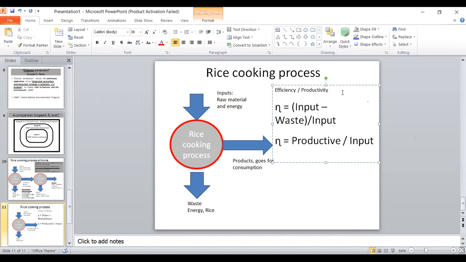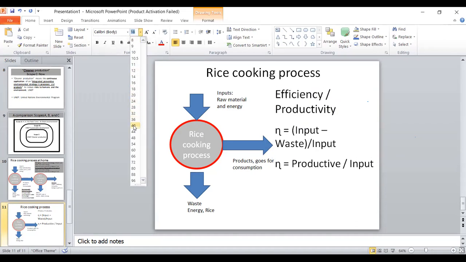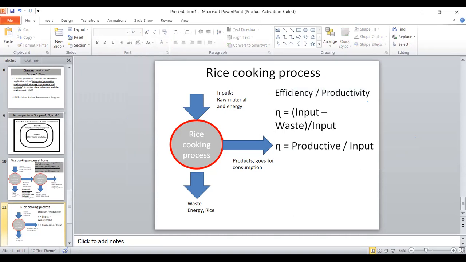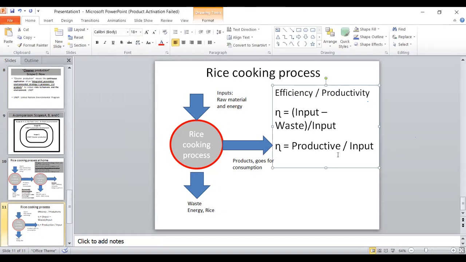So this can be either efficiency or productivity. Let's say energy, for example.